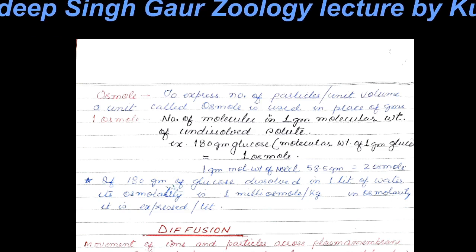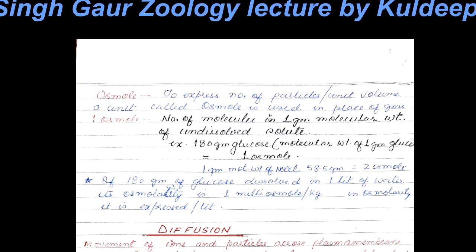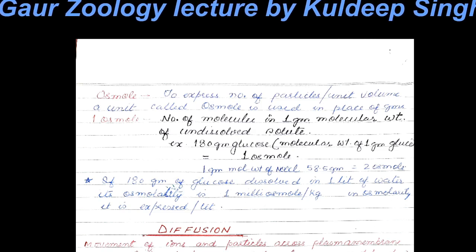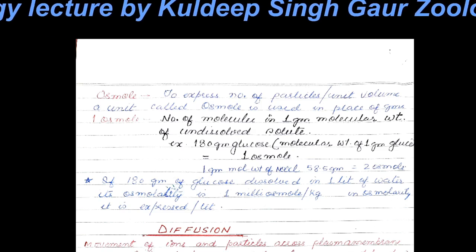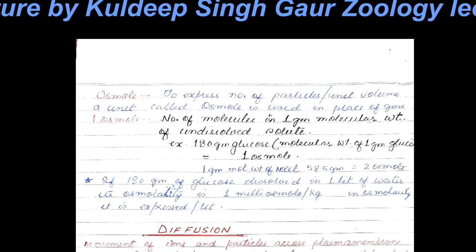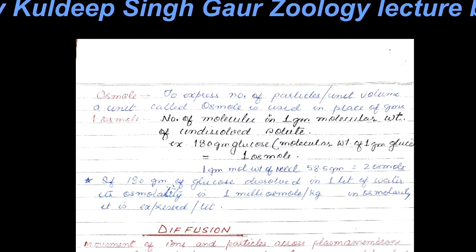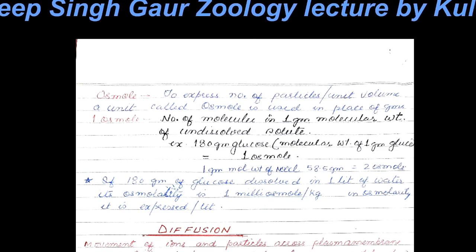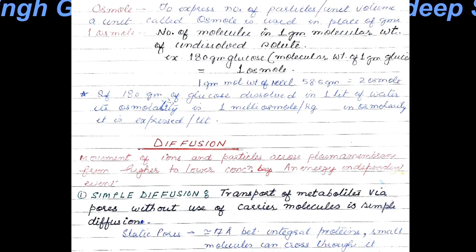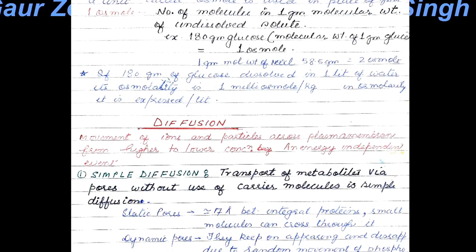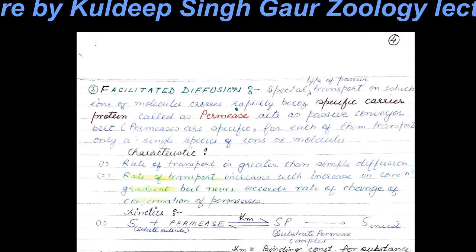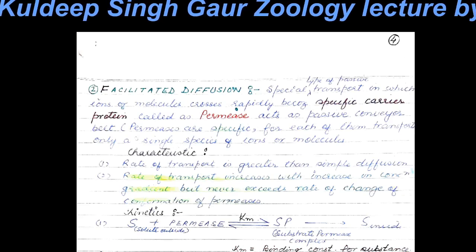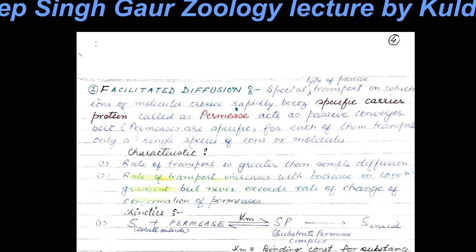Then the second function we had studied was diffusion. Diffusion is nothing but the movement of molecules from higher concentration towards lower concentration, and this depends upon the concentration. This was simple diffusion, and simple diffusion does not use any kind of carrier molecules. Another kind was facilitated diffusion, which is a very important form of diffusion.